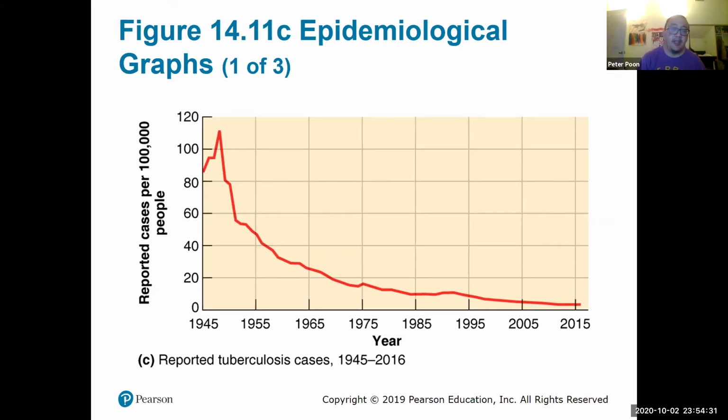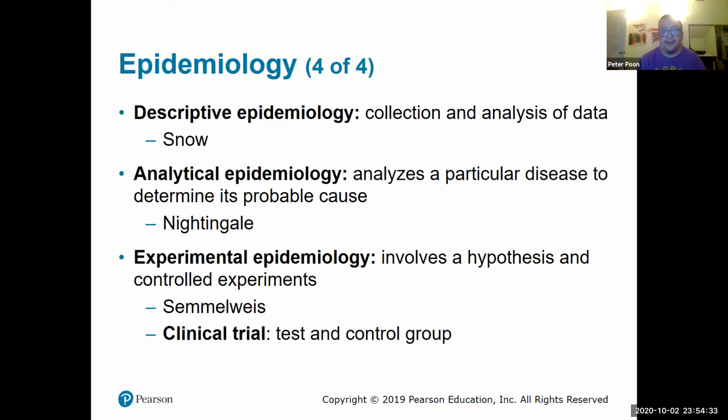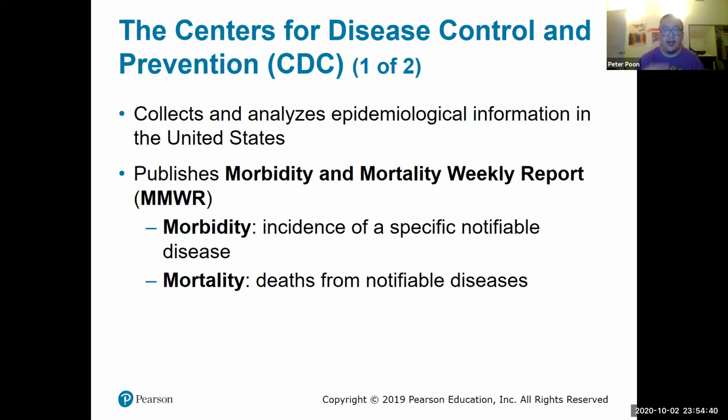Okay. TB cases going down. You don't have to know the difference between these. The MMWR, Morbidity and Mortality Weekly Report, is data from the CDC. I used to read that once upon a time.